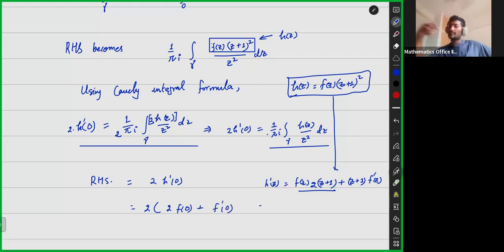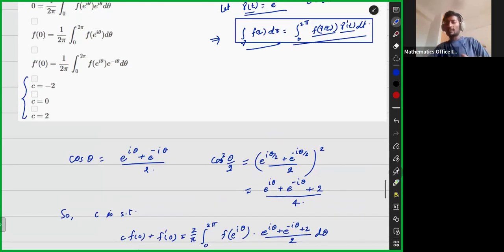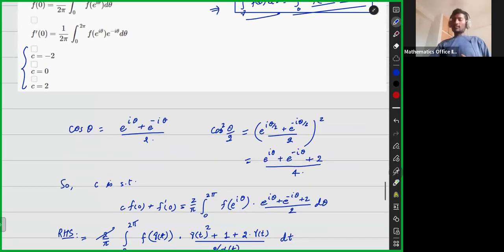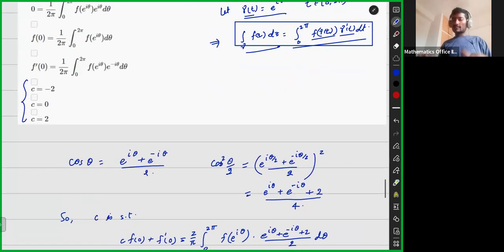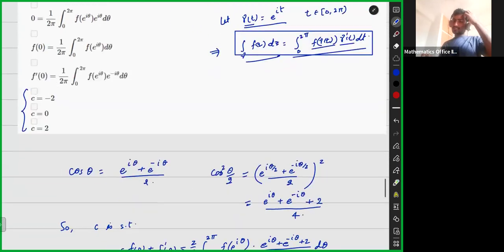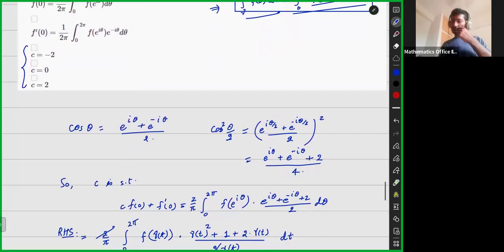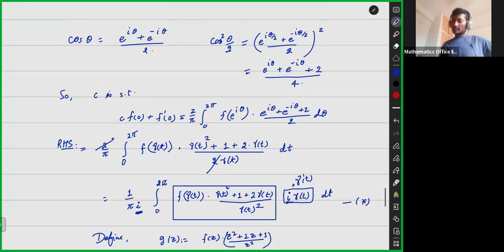I think there is a little mistake. Somewhere we have to check. Let's go through very quickly. We replace cos theta by e power i theta and somehow reduced our case. Right, there was a little mistake.